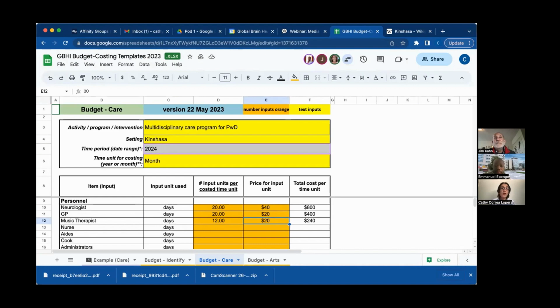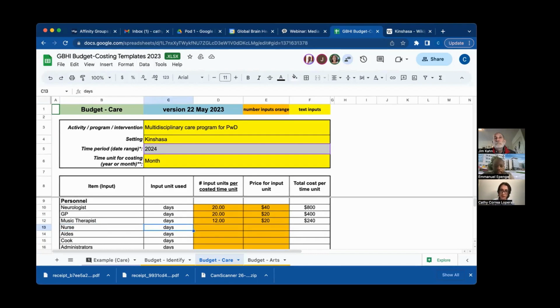I think in Colombia it's really less. We should pay more if we are in Colombia, but it depends on Kinshasa. How much do you think is good? I think in my country, $20 is okay. Okay, so let's keep it like that. If we change the program for Colombia, we would probably pay more for the music therapist.